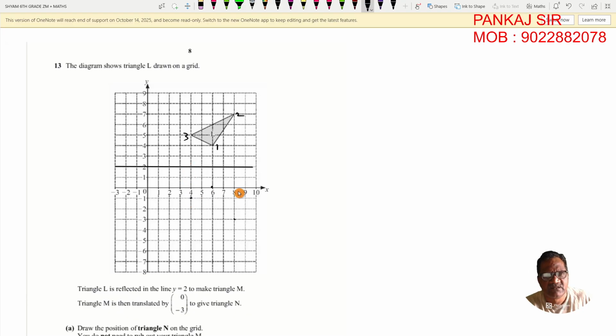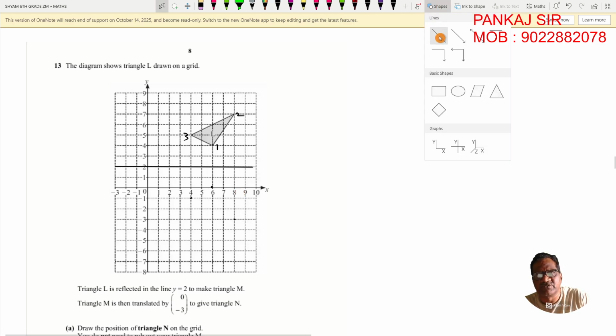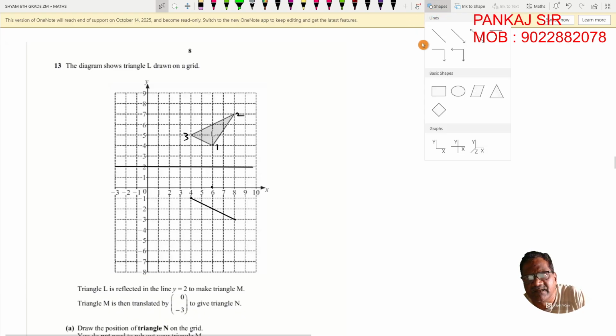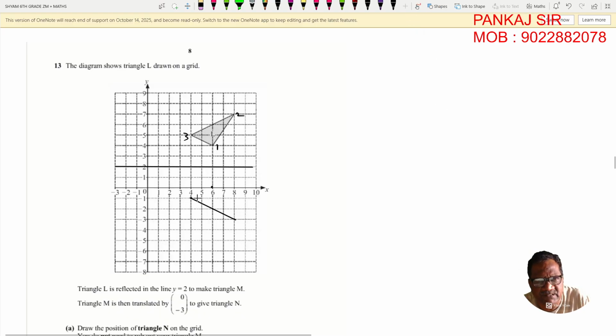So if I join these 3 points, then I am going to get what? The triangle M. So these are those points, right? One, then I have to join this also.